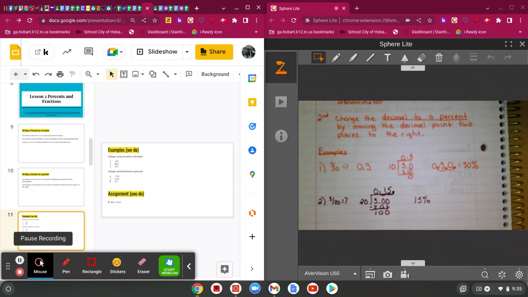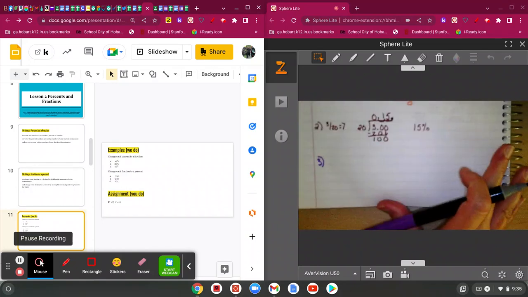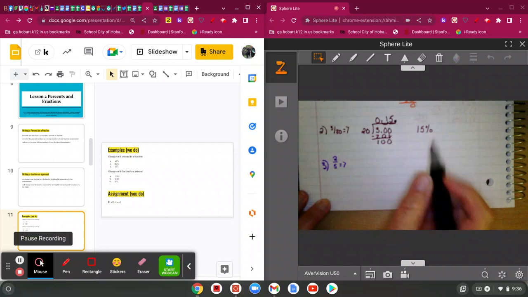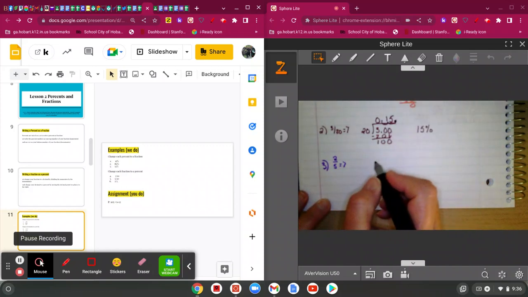And then one more example. If I want to change 2/5 to a percent, first, fraction to a decimal.